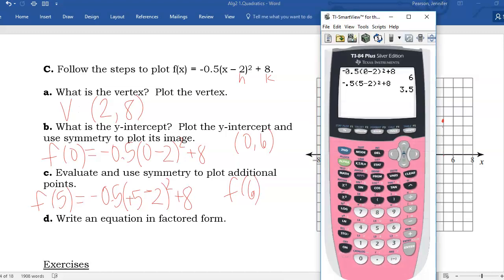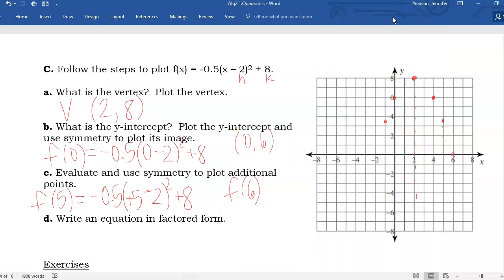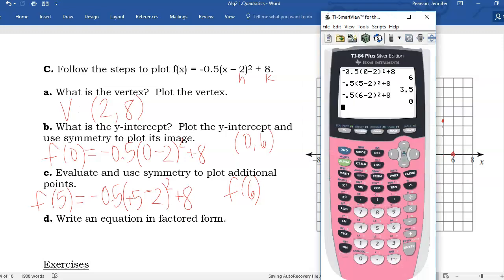We're going to do -0.5, 6 minus 2 squared plus 8 gives me a 0, which means I have a 0 over here. Do we dare go for 7? Let's go for 7. -0.5, 7 minus 2, power 2, plus 8.